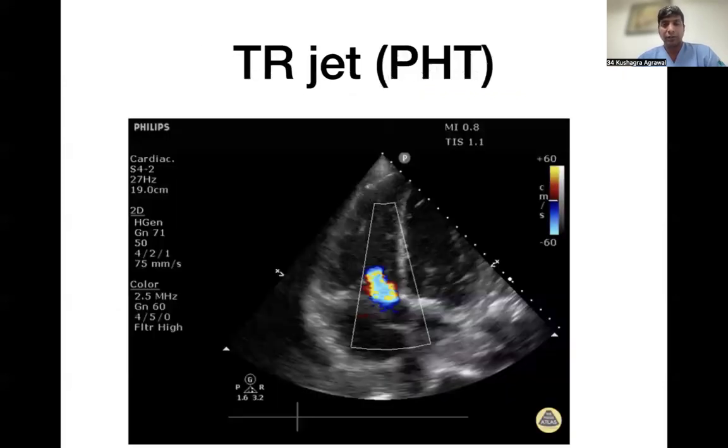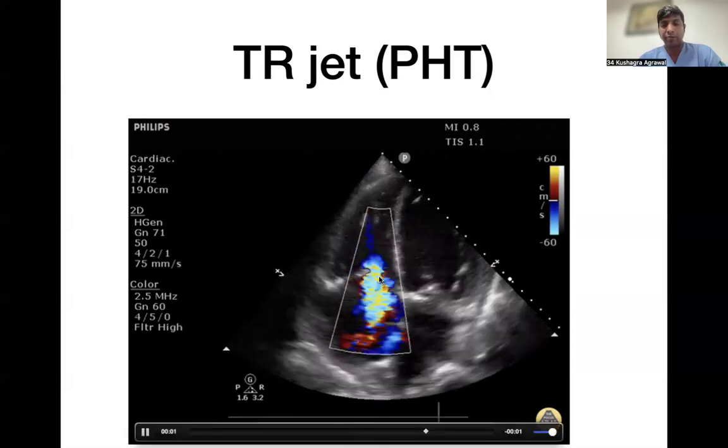Now, we see in most human beings, slight tricuspid regurgitation is present, and the jet velocity or the length of the jet is directly proportional to pulmonary hypertension or RV pressure.